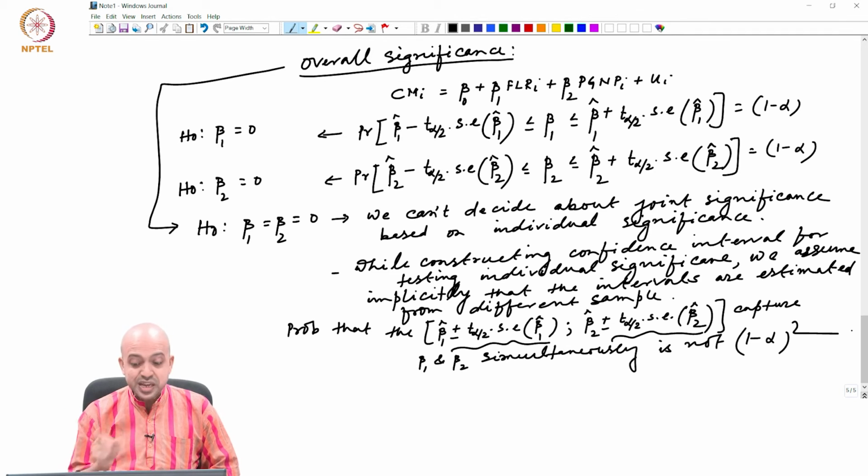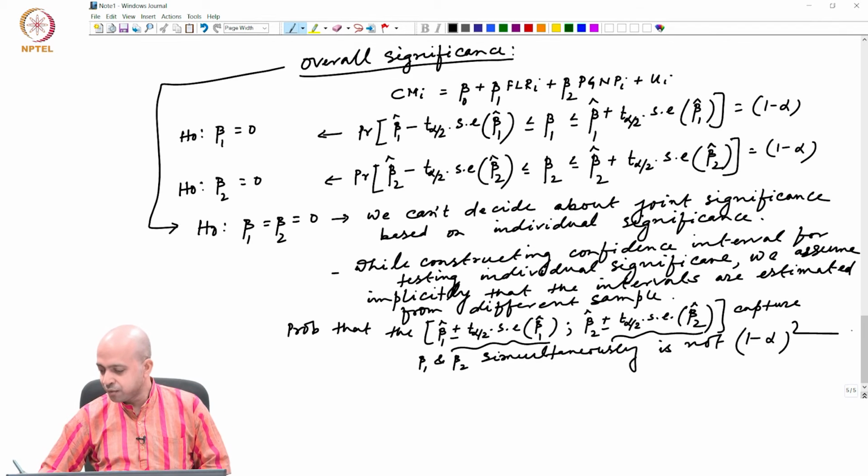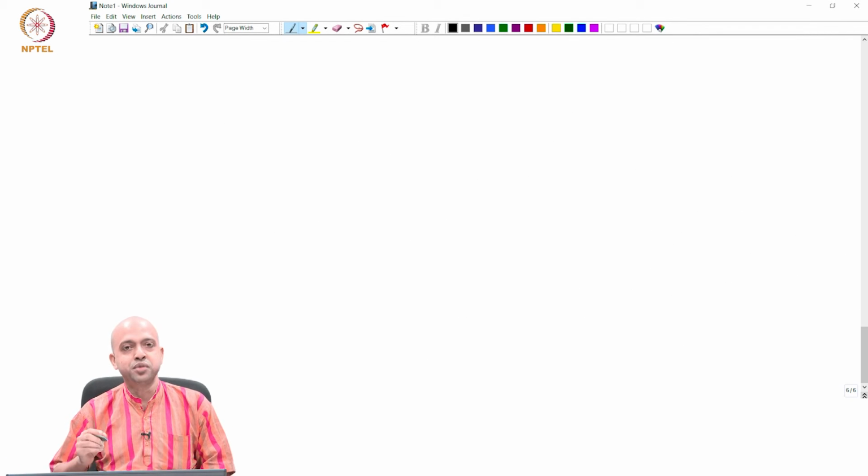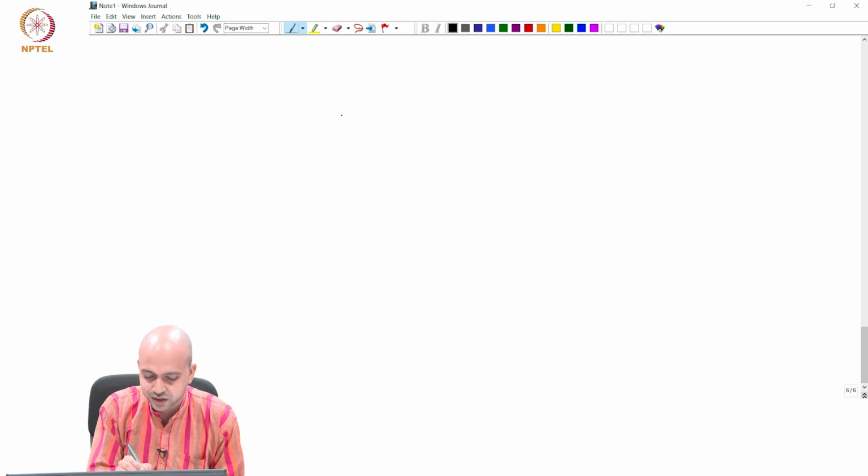But that does not mean that the probability that these two intervals jointly capture the true values of beta 1 and beta 2 is 1 minus alpha square, because these two intervals are not independent. They are constructed based on the same sample, and that is why we cannot infer anything about the joint significance based on the individual significance.